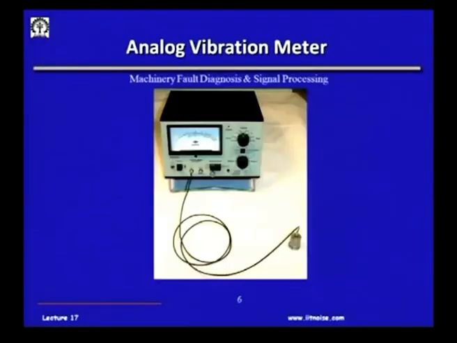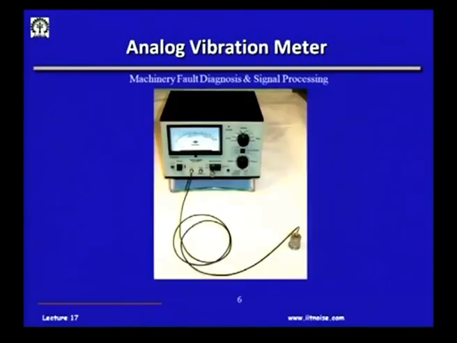But in those days, when computer aided data acquisition was not available, people were using electronic integrators to obtain the displacement and velocity from the measured acceleration. Okay. And then you had an analog readout. So, this is kind of obsolete, but this was a very popular equipment of a particular manufacturer.